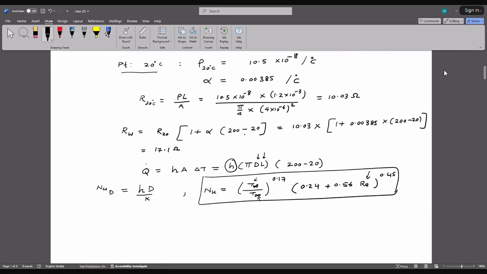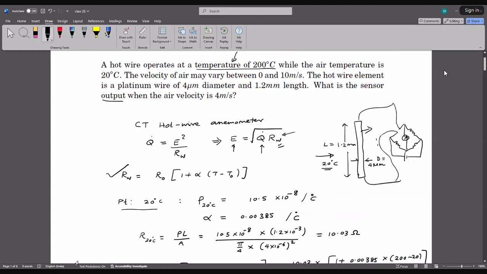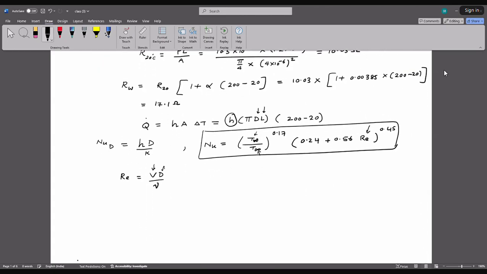Now the Reynolds number is basically V into diameter divided by the kinematic viscosity. This is the definition of the Reynolds number. V is known, right? The question says that the air velocity is 4 meters per second. The diameter is known. We can read the kinematic viscosity.